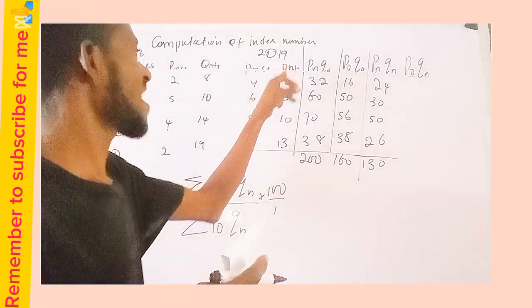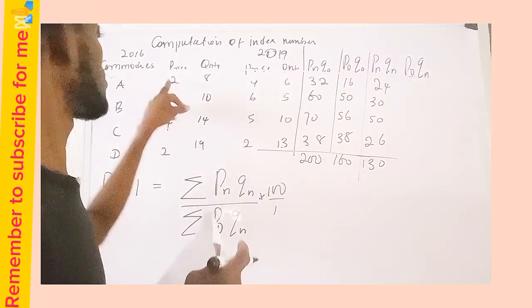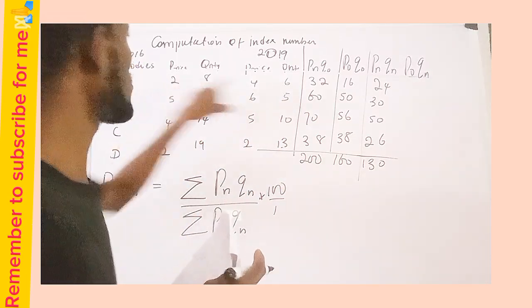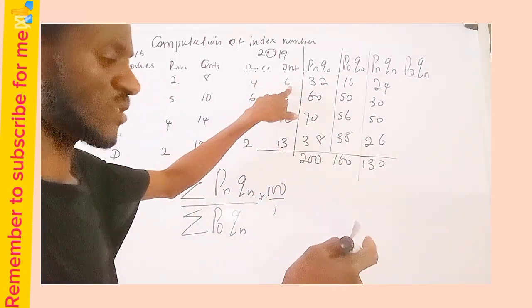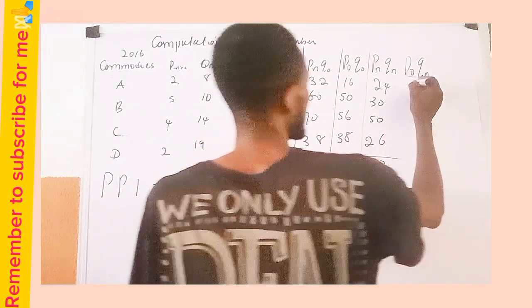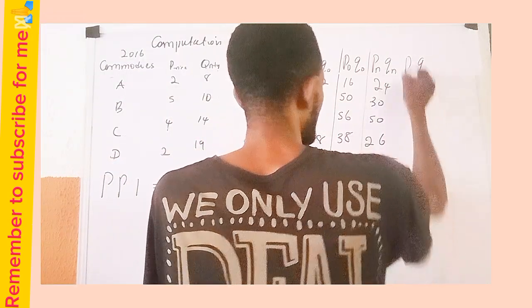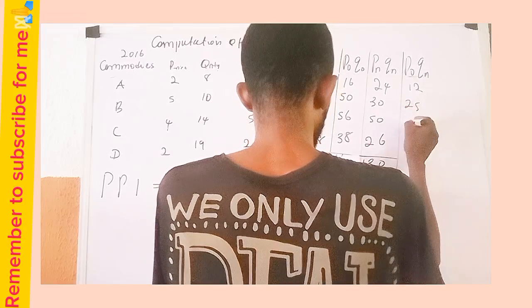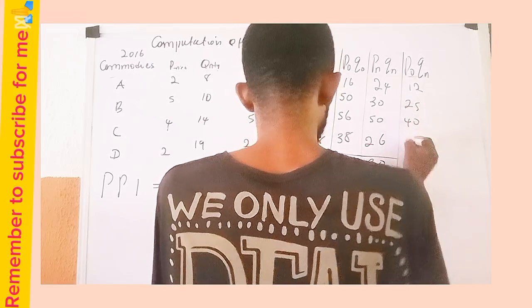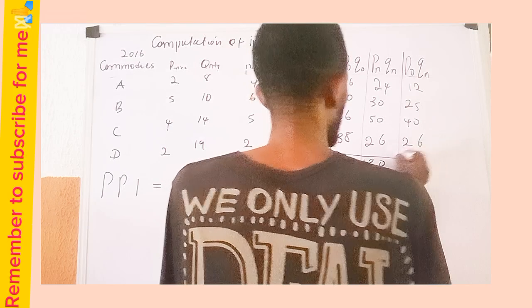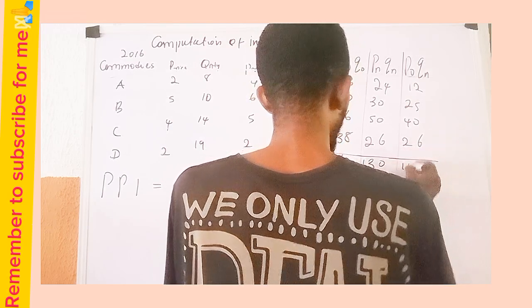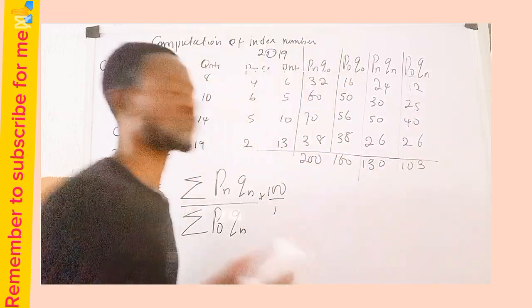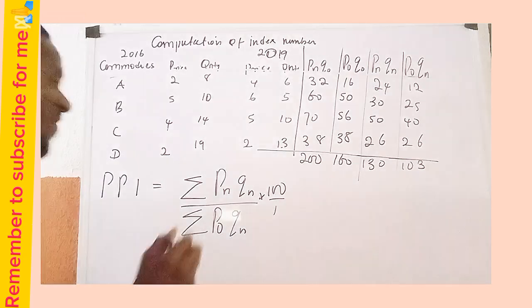These are my QN, quantities in the given year. So it's going to be my 2 multiplied by 6, which gives me 12. Let me call it up already because I have it. Here is 12. Here is 25. Here is 40. Here is 26. When I summed all of them, I had 103.